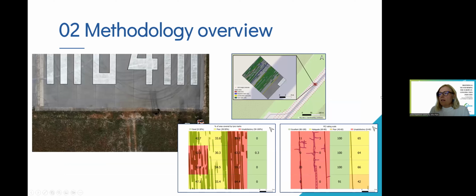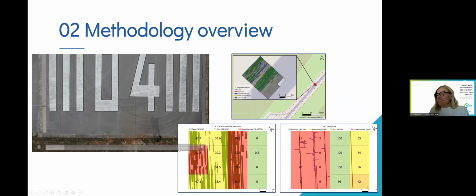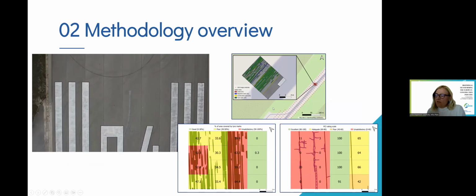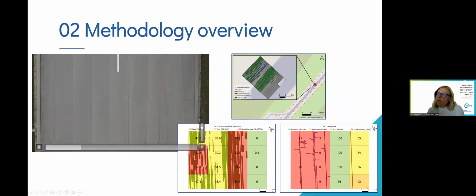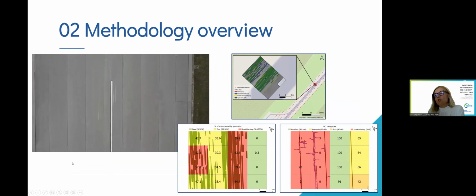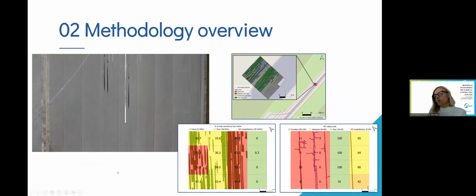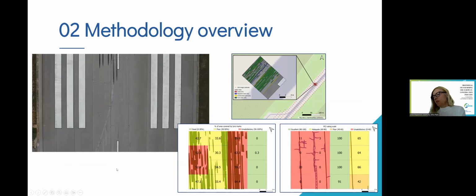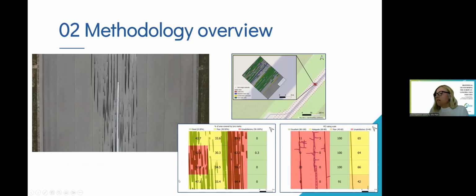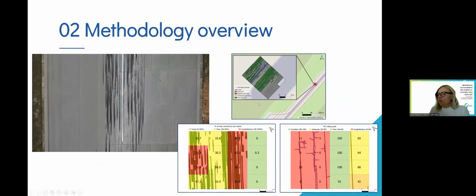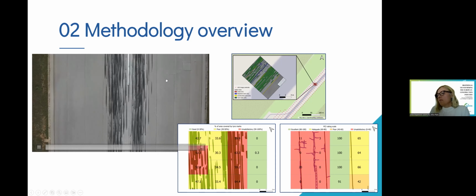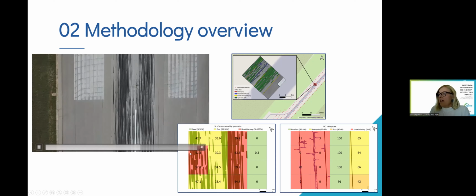What you can see here is the image, or video, from the drone. Based on our images from the drone, which were taken with a high resolution camera, with a resolution of 3 millimeters, so 1 pixel was 3 millimeters, we were able to detect cracks, joints, construction joints, and tire marks.